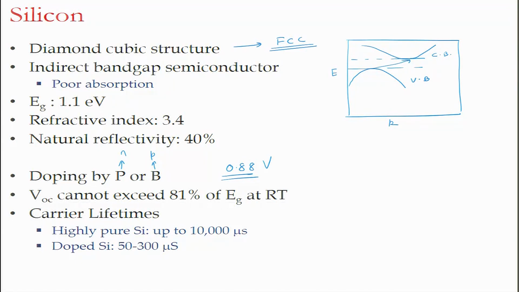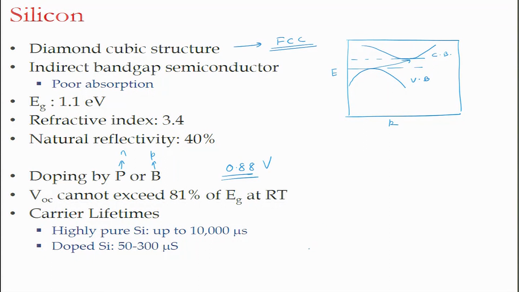Carrier lifetimes in silicon: in case of highly pure silicon, the carrier lifetime can be up to 10,000 microseconds or 10 milliseconds, whereas in a doped semiconductor, when you dope, you introduce scattering centers, and as a result the lifetime reduces.